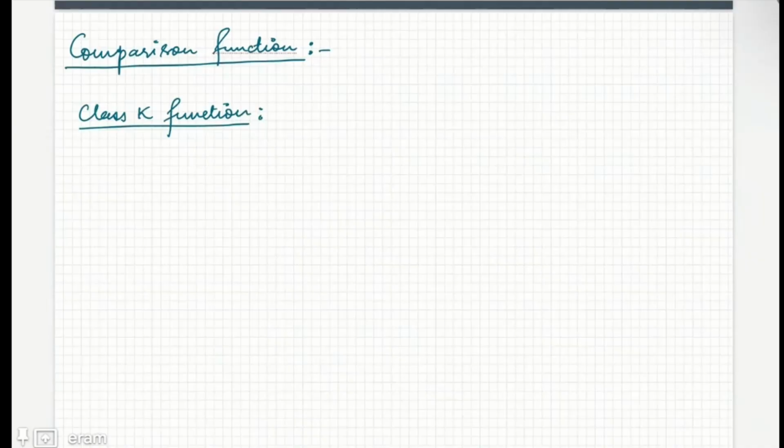So the definition of a class K function: let's suppose we call a function phi, whose argument is r.